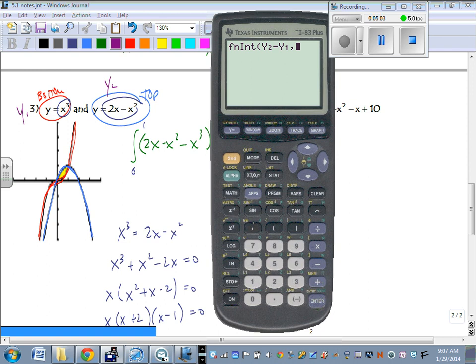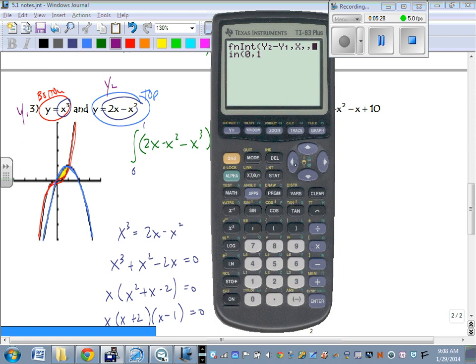So that right there, y2 minus y1, is the same as this because our y2 is 2x minus x squared. That's already typed into our calculator. Our y1 is x cubed. Like I said, in this case, not really necessary. More complicated problems, it helps out. And then we're doing this in terms of x, going from 0 to 1.